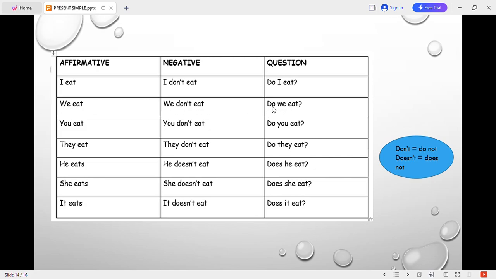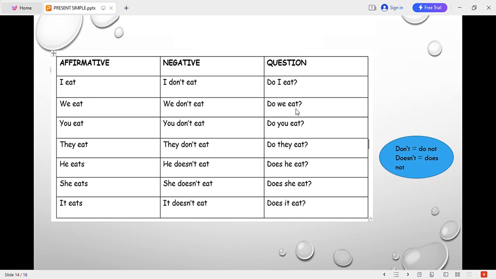Do we eat? In the negative one, you put the subject and then the helping verb do, and then because this is a negative one, you have to put not, we do not, and then the base form of the verb, eat. We do not eat or we don't eat.